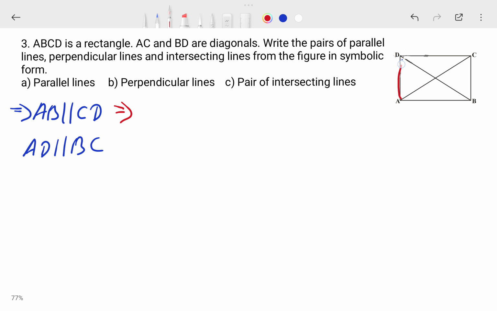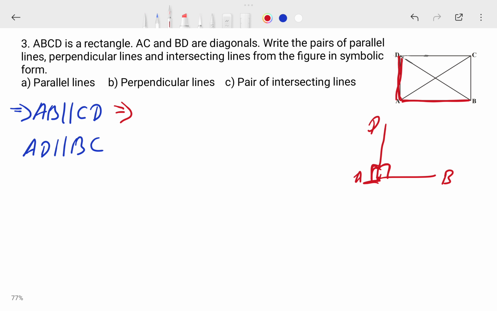If you see A and D, and after that A and B, is this a perpendicular or not? Yes, it has a 90-degree angle, and if you extend it, it has only one angle. So this is our perpendicular.